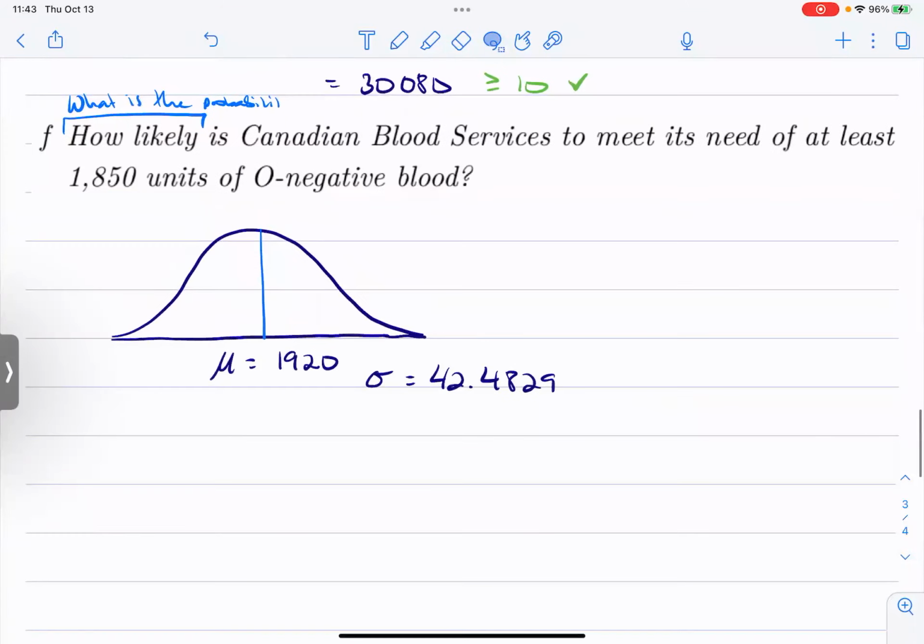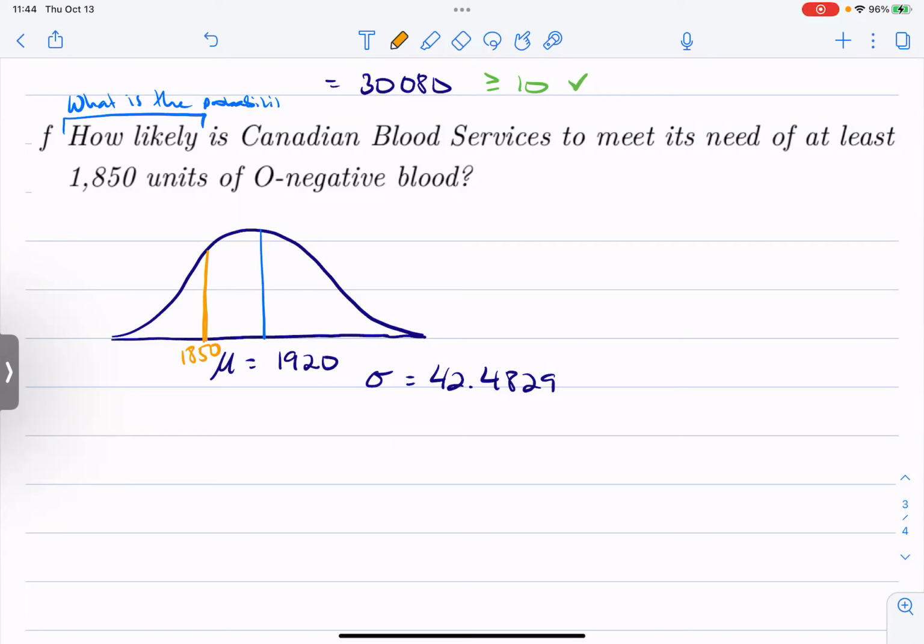Okay. And now we need at least 1,850 units. So the units of O negative blood are on this number line down here. So 1,850, I'm just going to draw it anywhere to the left. As long as you're showing that it's less than the mean, that's fine.